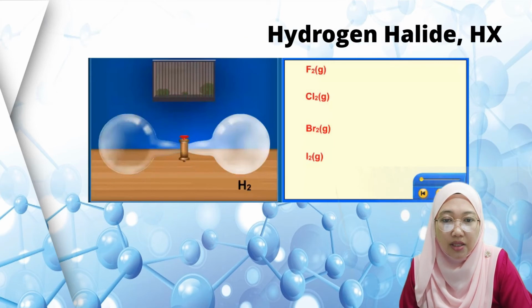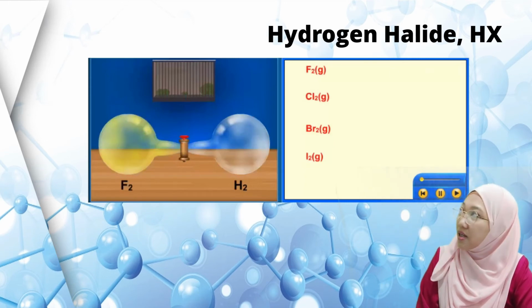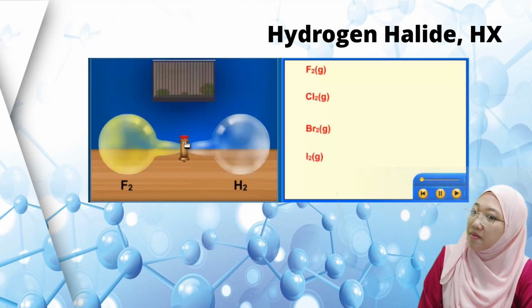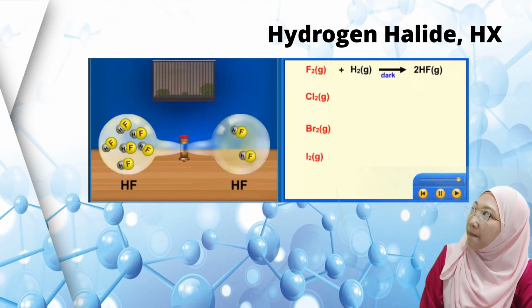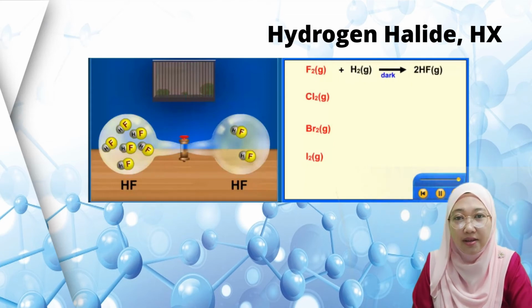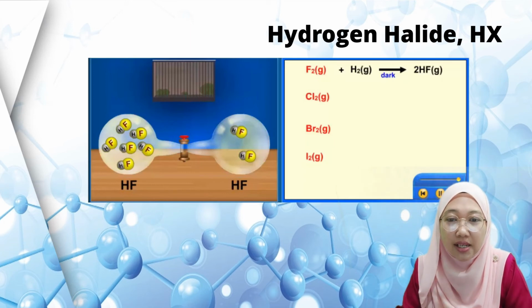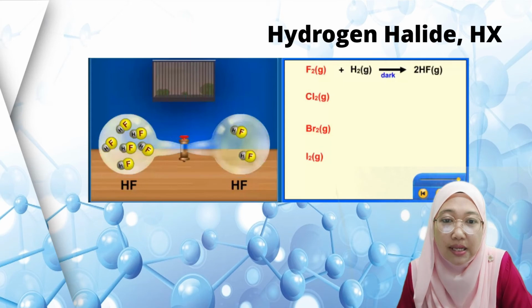Okay, let's look at the first reaction, fluorine and hydrogen gas. We open and mix them. Wow, you can see a sparkle there. So, fluorine reacts explosively with hydrogen at room temperature even in the dark.